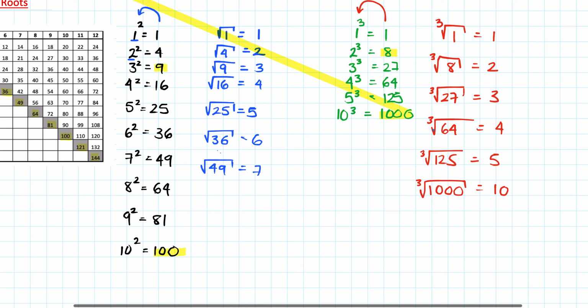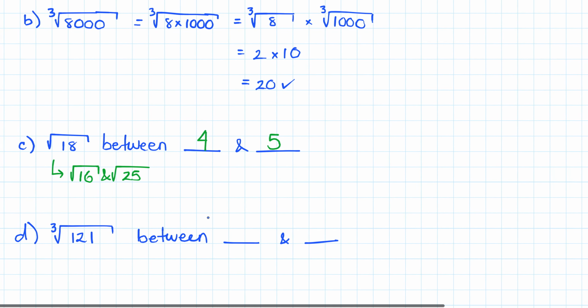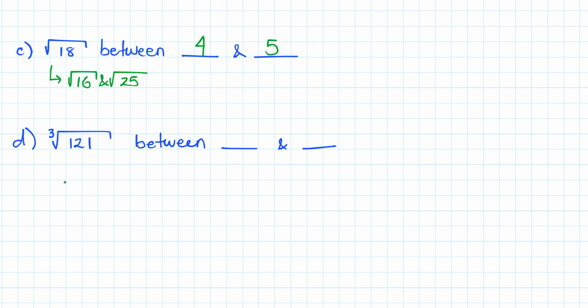So it's going to be between the cube root of 64 and the cube root of 125. So I go here and I say, okay, I know that this one is going to be the cube root of 64 and the cube root of 125. And we know that it's going to be closer to this one than to this one, agree?